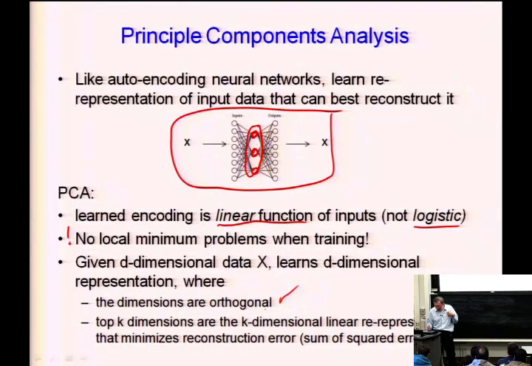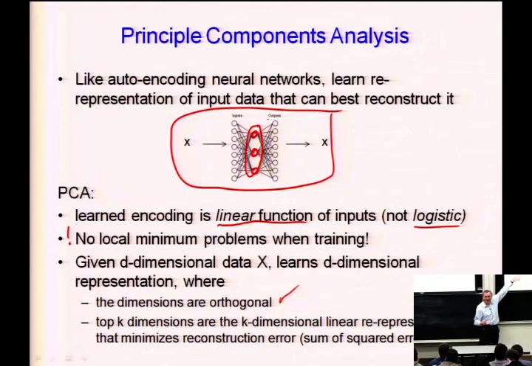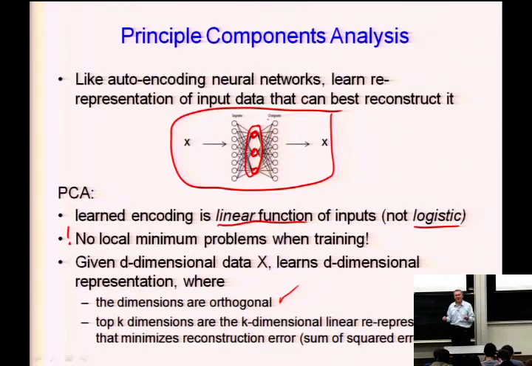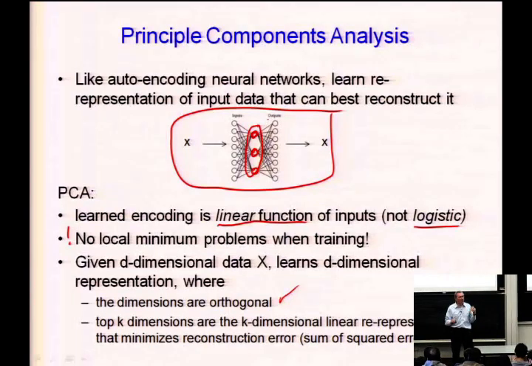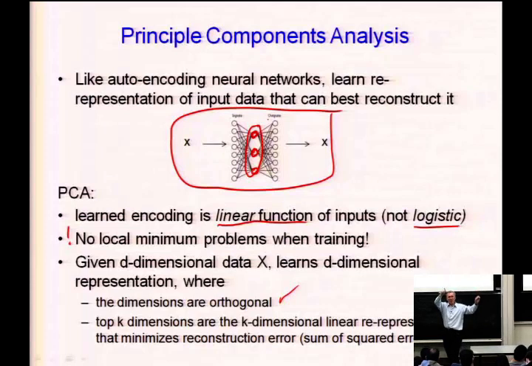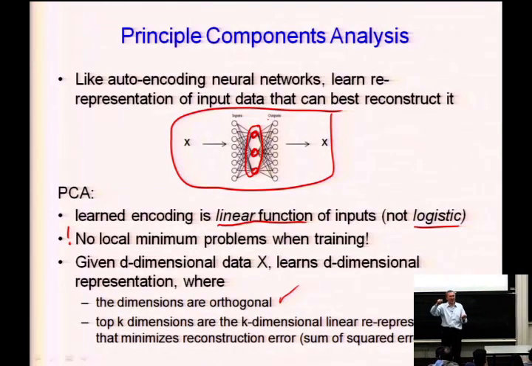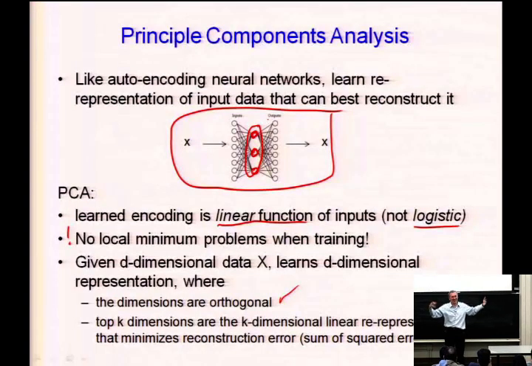And where the top k dimensions, if we use PCA to train essentially a linear network like this, if we give it 8 inputs, 8 hidden units, if we allow it to map the 8 input dimensions to 8 hidden dimensions, then obviously it can represent any linear function that we have in mind.